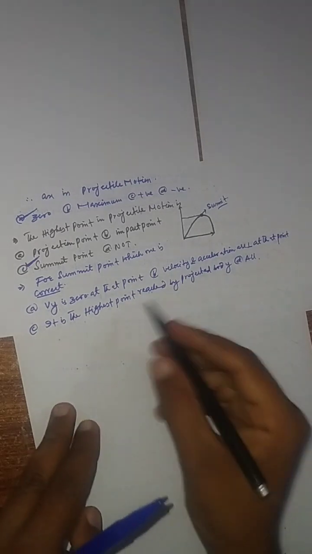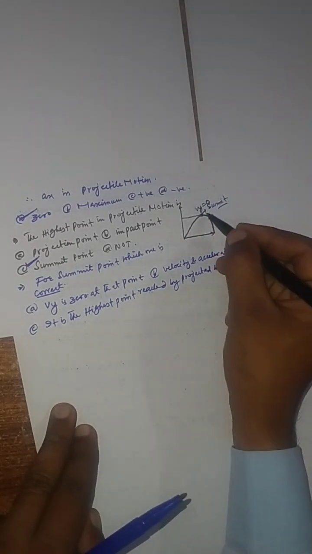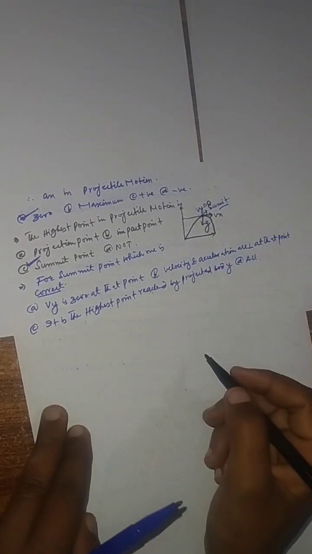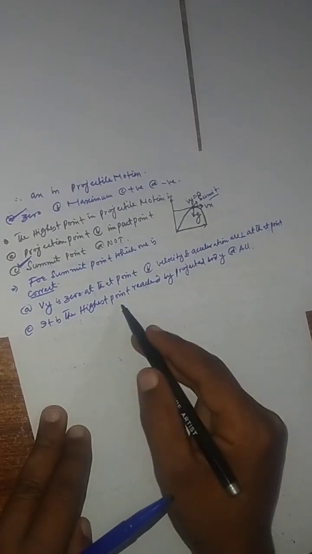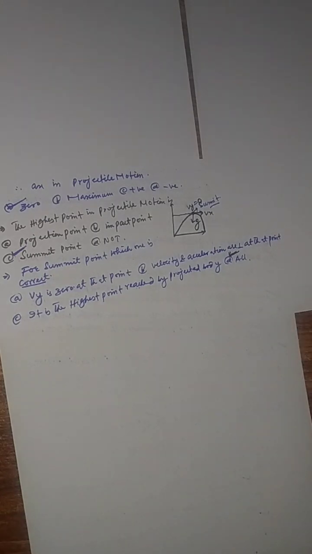So what will be the correct answer? Vy is equal to 0 here, and this is a point where Vx and acceleration are perpendicular, and it is also the highest point reached by the projectile body. So the correct answer will be all of these.